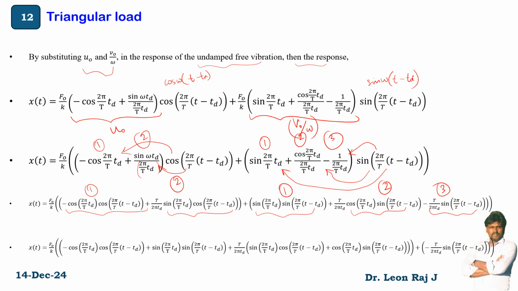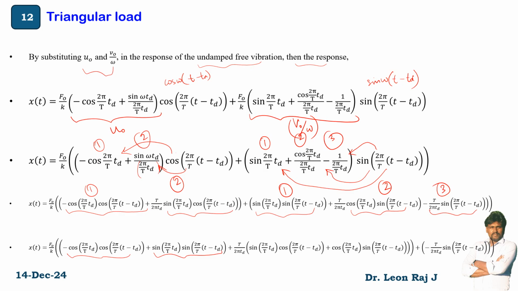X of t equal to f0 by k, minus cos 2 pi by T td, cos 2 pi divided by T into t minus td. So you will get the cos a cos b formula plus the sin a sin b formula. I have written this formula earlier.